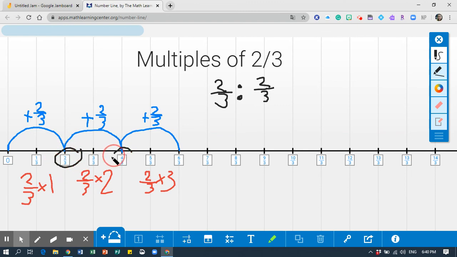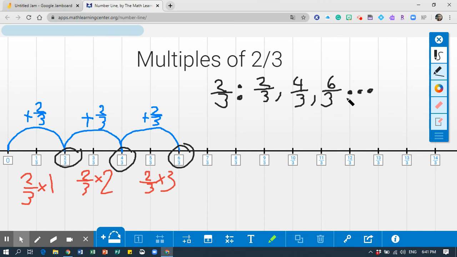The second one is 4/3. And the third one is 6/3. And you put an ellipsis to avoid writing all of them, unless the question is asking you to write like 6 multiples.